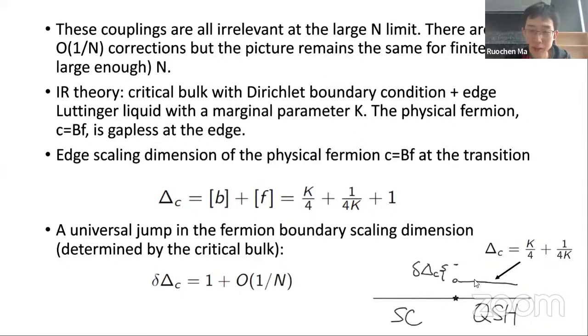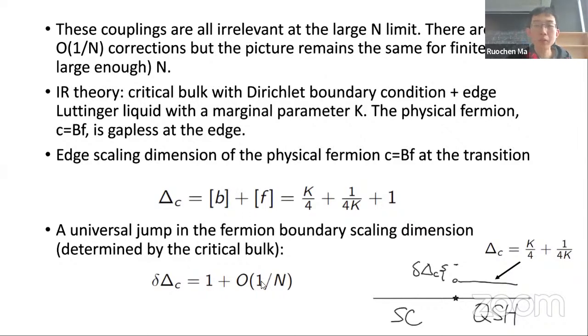And the funny thing is that at the critical point, there is a universal jump in the fermion boundary scaling dimension. And here at the large n limit, the jump is 1 due to the scaling dimension of the boson.